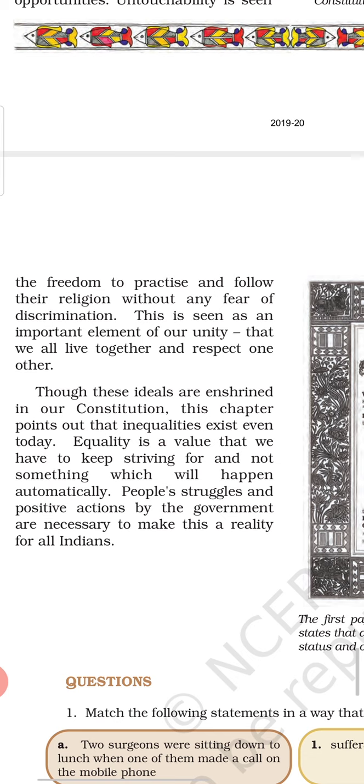Though these ideals are enshrined in our Constitution, this chapter points out that inequalities exist even today. Equality is a value that we have to keep striving for and not something which will happen automatically. People's struggles and positive actions by the government are necessary to make this a reality for all Indians.